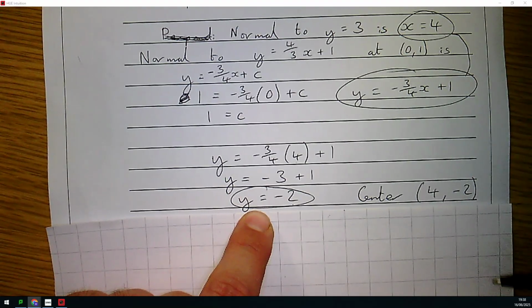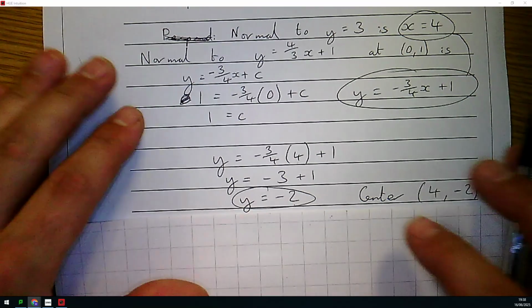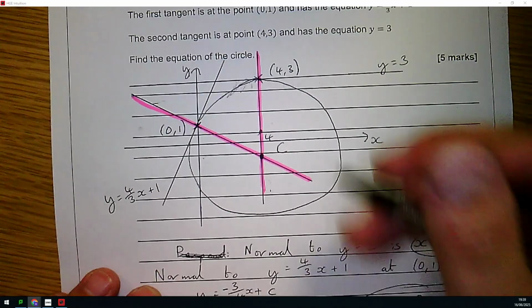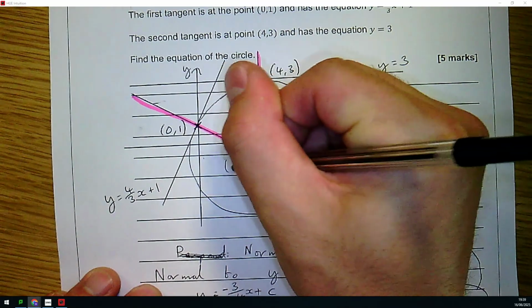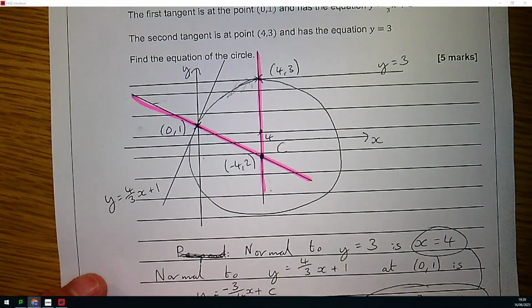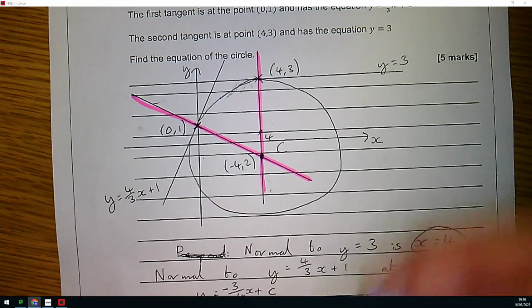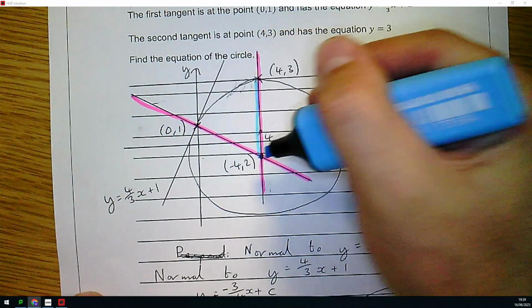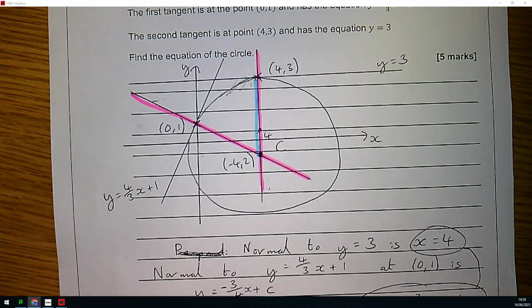But to find the equation of the circle, I also need the radius. Let's go back to the diagram and add the centre of that circle. That was (4, -2), apologies. We want to find this distance between the centre and the point on the circle. Normally you'd use Pythagoras to find the distance between two points.